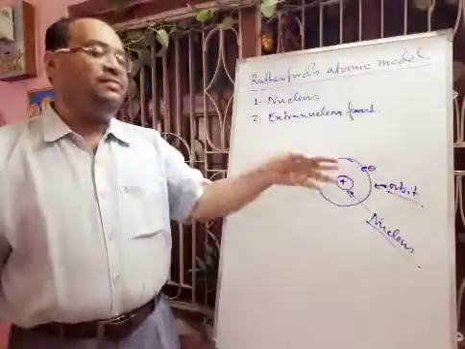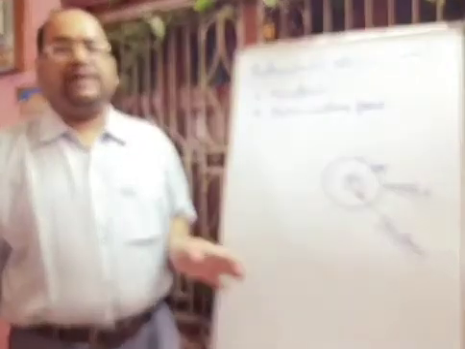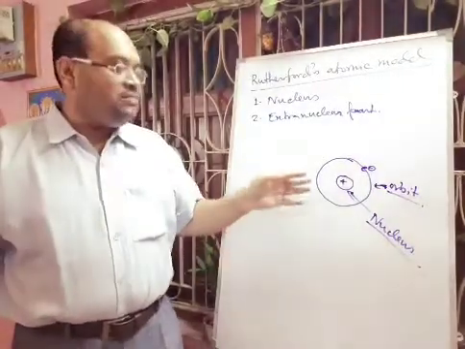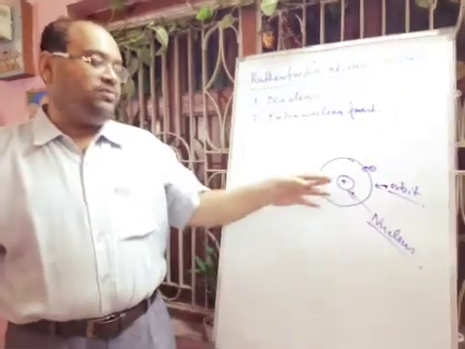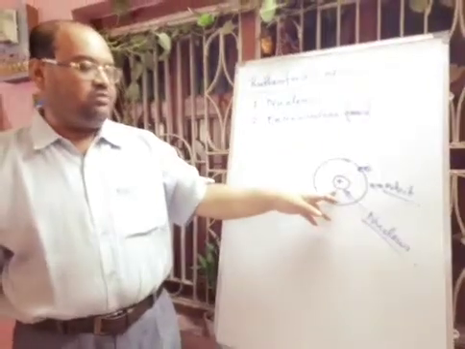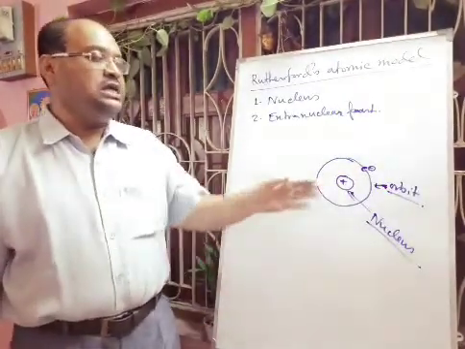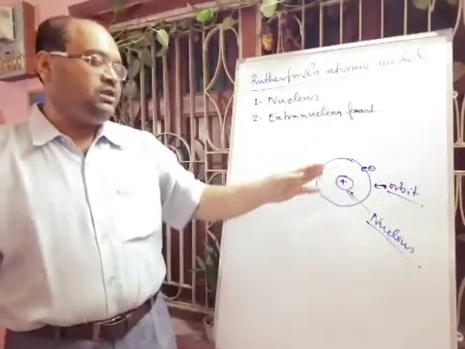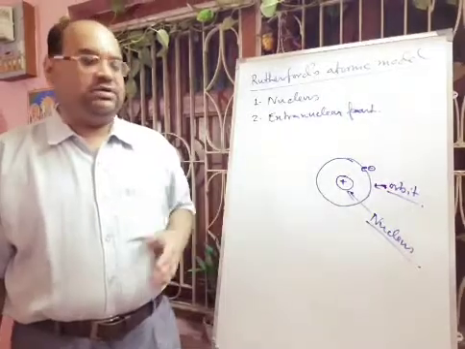And the total number of electrons in the extranuclear part is equal to the total number of positive charges, or protons, present in the nucleus. In the nucleus there are protons, and outside the electrons are revolving around the nucleus, and the total charge of the electrons is equal to the total charge of the protons. That is why an atom is chemically neutral.